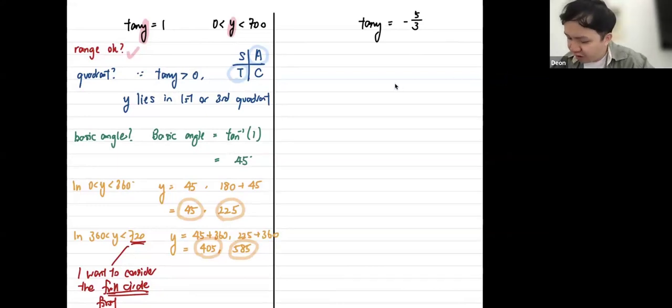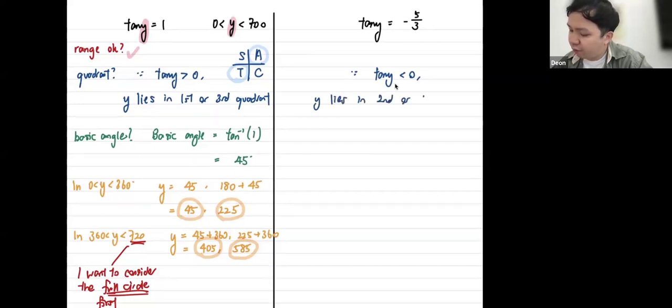Okay, now let's try the other half. First we're going to take note of the range, already settled, so it's fine. So let's take a look at the quadrant. Since tangent y is negative, we know that y lies in the second or fourth quadrant.